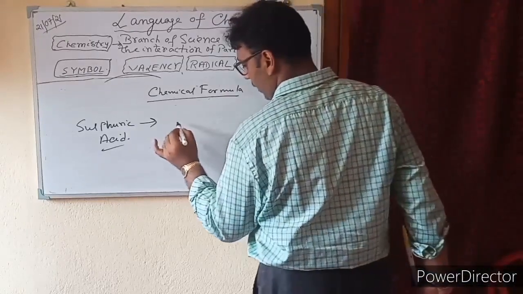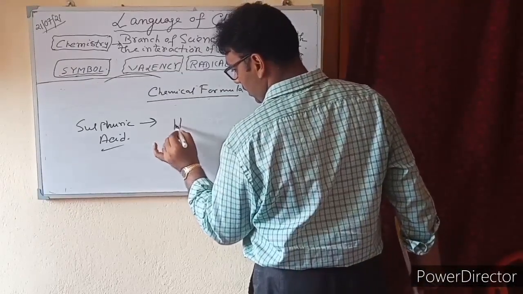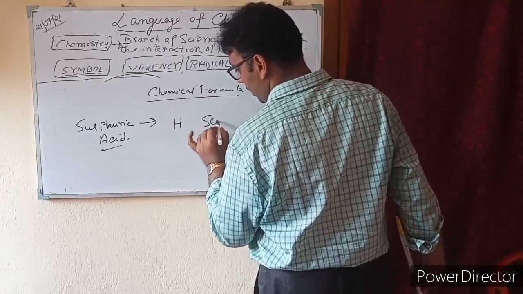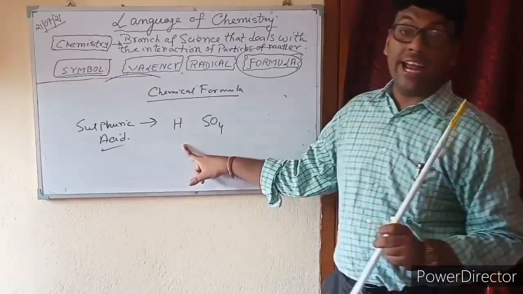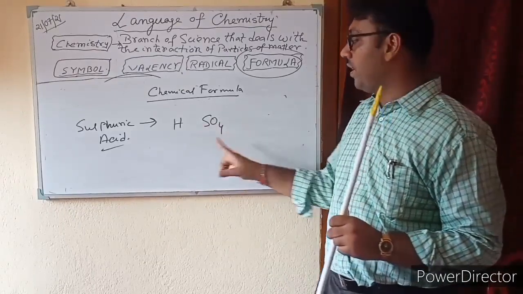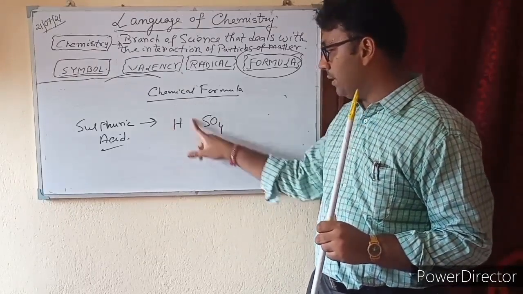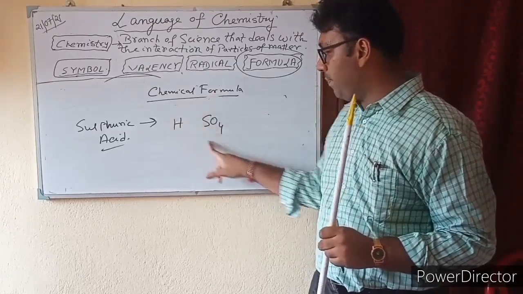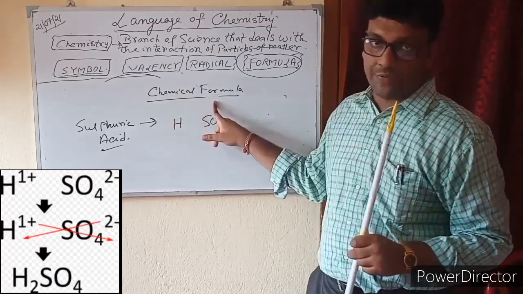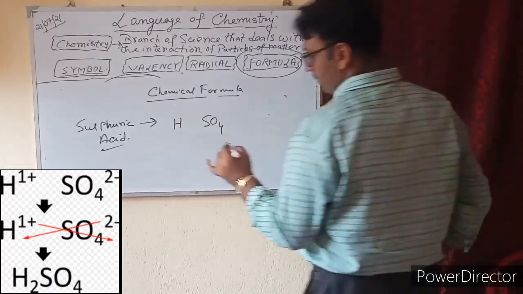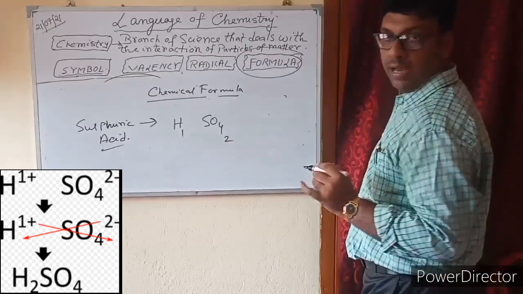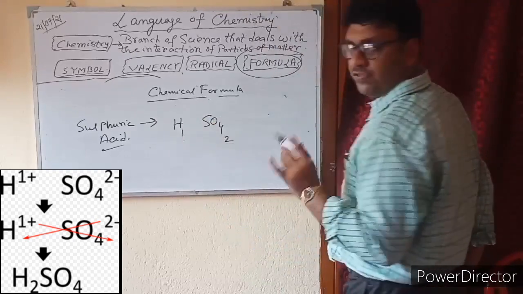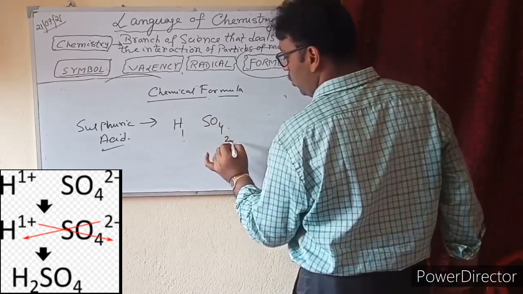See, first of all write H SO4. What elements are present in sulfuric acid? H, that is the basic part, that is the positive part, and this was the negative part, SO4 sulfate. Now write the valency here. Valency of hydrogen is 1, valency of sulfate is 2.